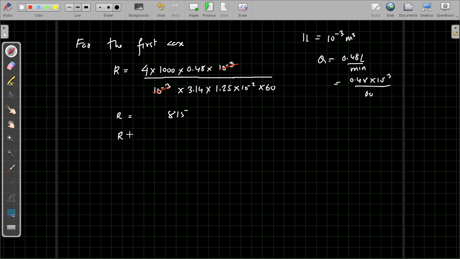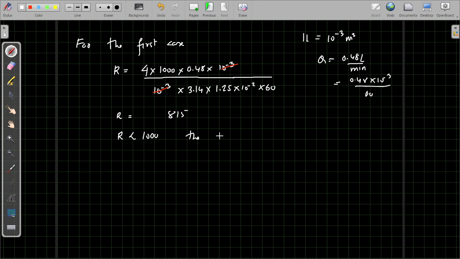This one, R is less than 1000. As you know, between 0 to 2000, the liquid flow is streamlined or laminar flow. So that means R is less than 2000, it is between 0 to 2000 only. That means this is a steady flow.